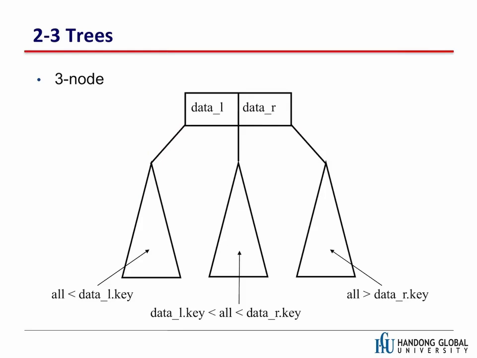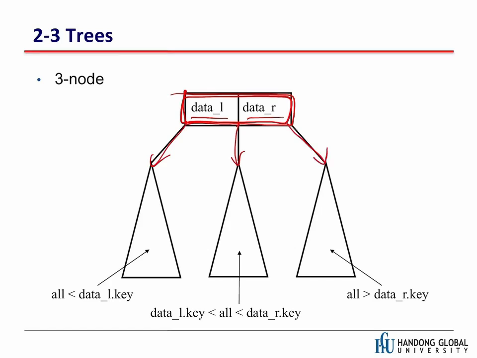But don't worry. If it is a 3 node, the structure of this node is the same as before, but in this case we have 2 data. Compared to the binary search tree, we actually have 2 nodes in this 1 node. And when we have 2 data fields, then we have 3 pointers. This one is left, this one is middle, and this one is right.